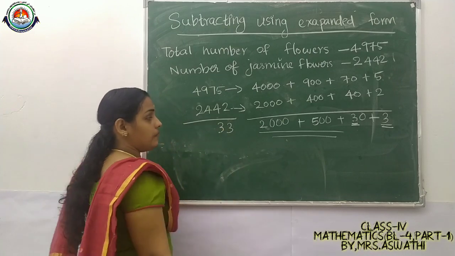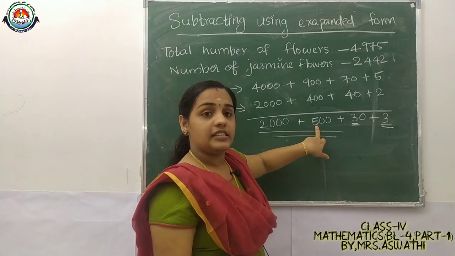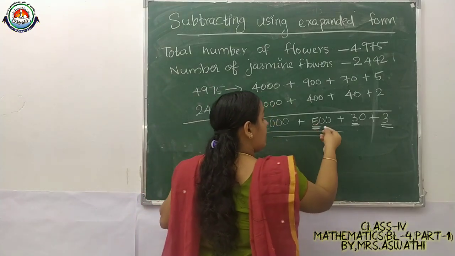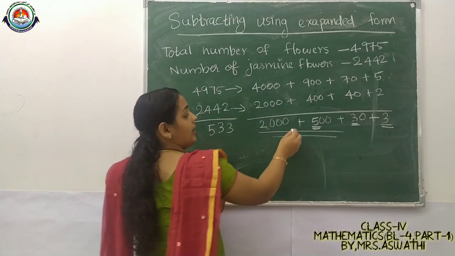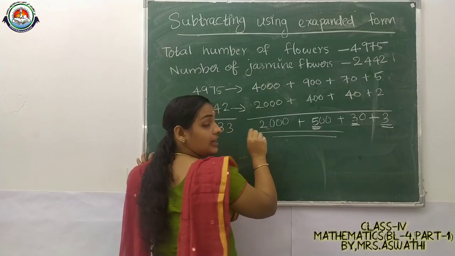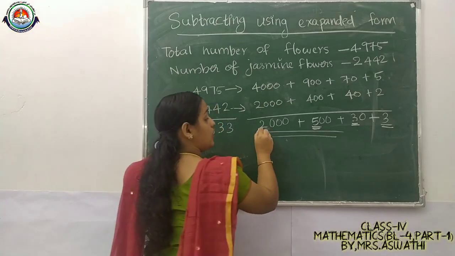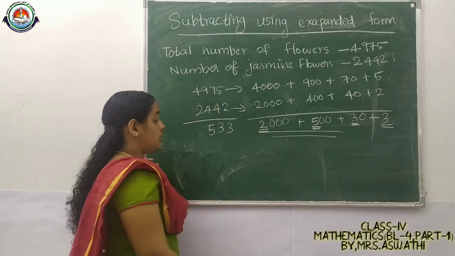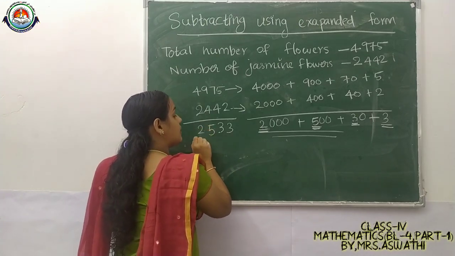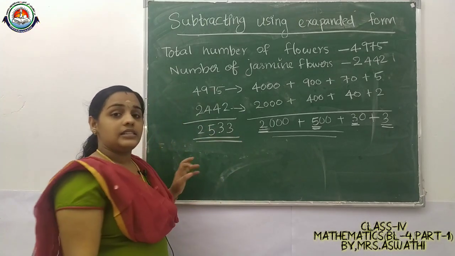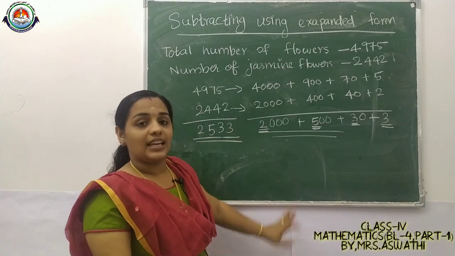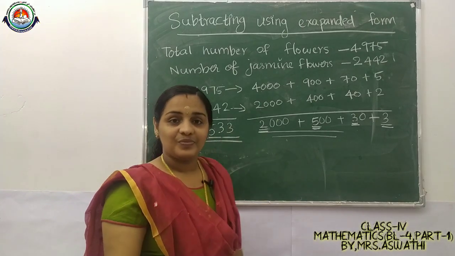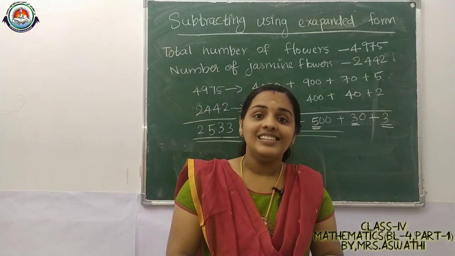How many hundreds are here? 5 hundreds, so we write 5. How many thousands are here? 2 thousands, so we write 2. The answer is 2533.